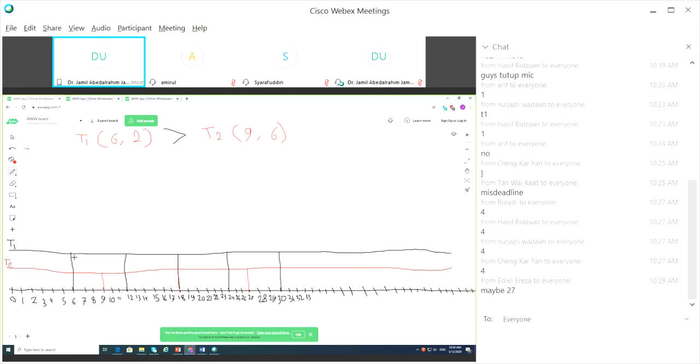This is the deadline for task 1. This is the deadline for task 2. So task 1 is closer, we execute task 1. This will come tomorrow in the test, both of these algorithms. So please pay attention.